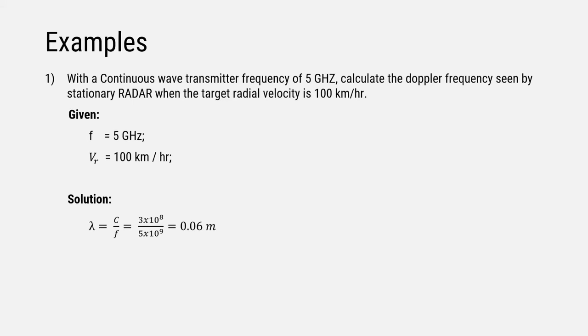We can just put it in the calculator and calculate it. Post that, we can identify the Doppler frequency by this formula: fd is going to be 2 times Vr divided by lambda. If we calculate the data, our answer is going to be 926 Hz. So this is how we can calculate the Doppler frequency using the given data.